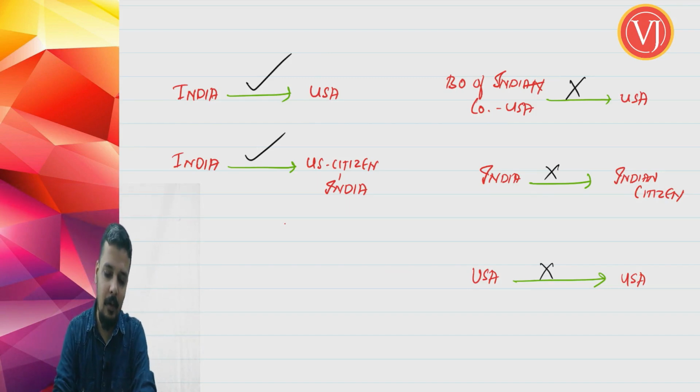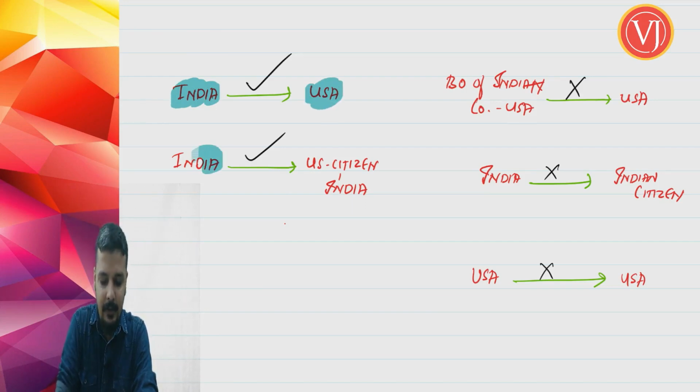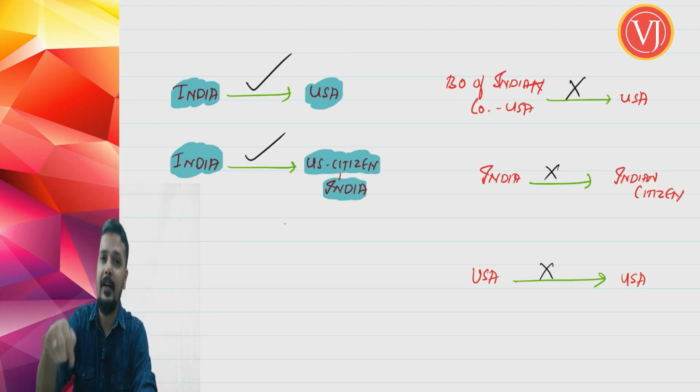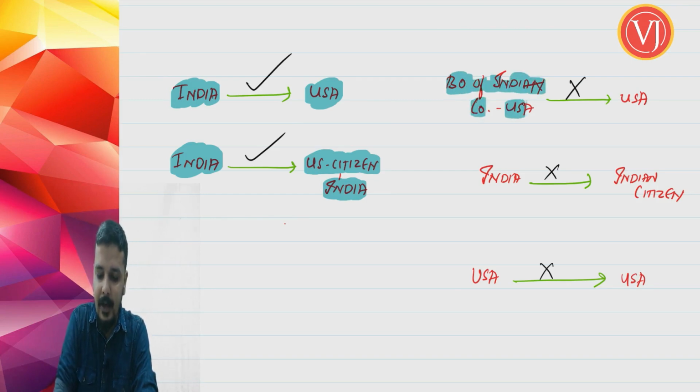So you are talking about service provider in India, service recipient outside India, counted. Service provider in India, service recipient or service consumer of another country, say for example USA, but in India, that is also counted. But friends, when you talk about an establishment of an Indian company in USA serving a USA client, not counted.